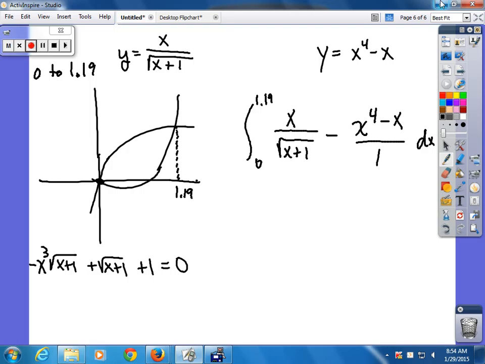Should be x squared right here. Y'all check me. It's in the book. Yeah, it does. Changes it. Yeah, it would be u du, but I don't know why I didn't.